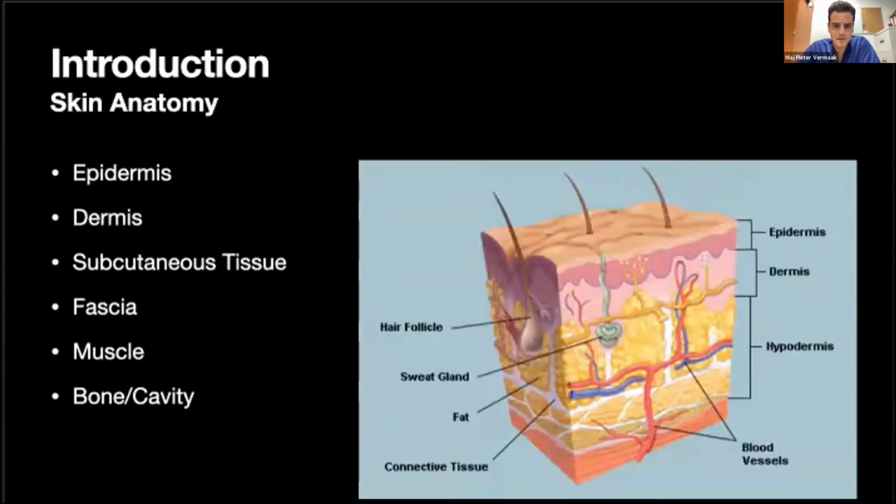Right at the top is the epidermis, then the dermis underneath, and the hypodermis or subcutaneous tissue, as we call it. And then if you go deeper, you're moving into fascia, blood vessels, muscle, and then bone. Or if you're over the abdomen or a cavity, then you're into that cavity.